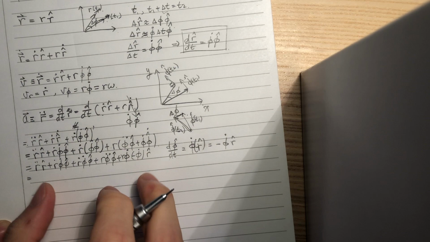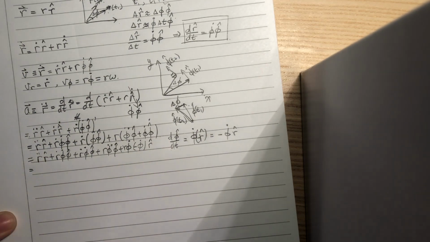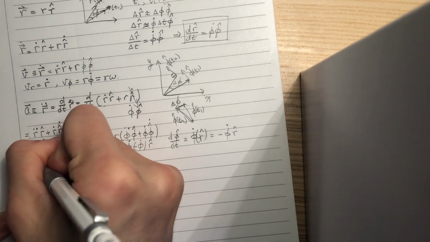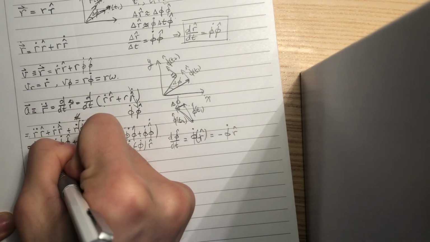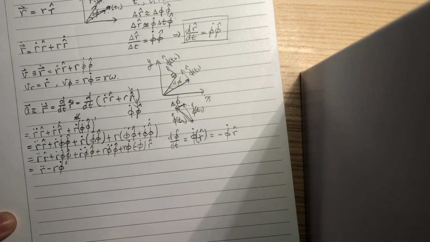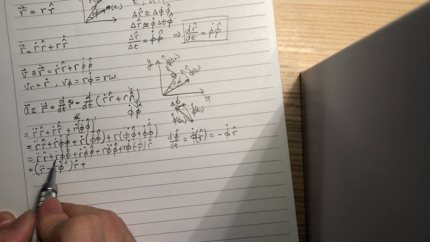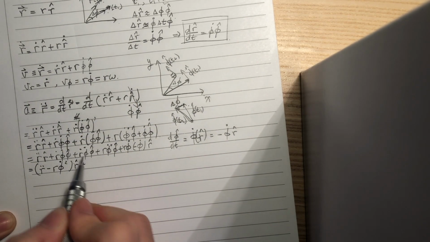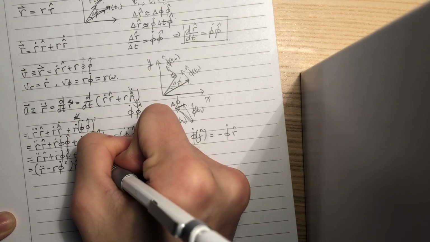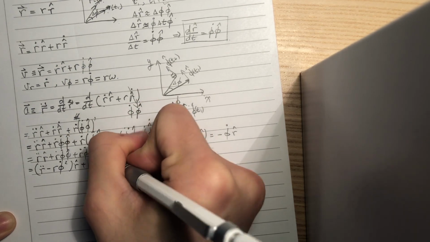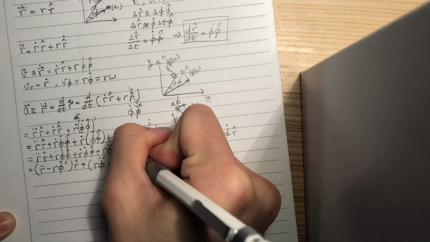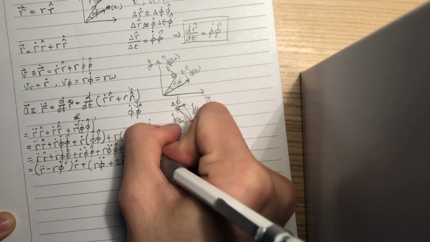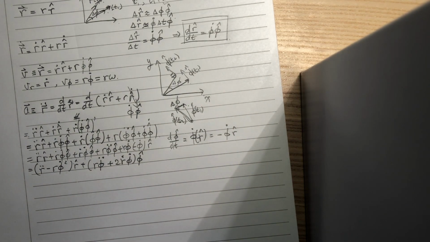Okay, so we'll group the r hats together. We'll get r double dot minus r phi dot squared with r hat, adding what we get here, this is 2, so we'll get 2 r dot phi dot plus r phi double dot with phi hat. Okay, so this is our acceleration in polar coordinates.